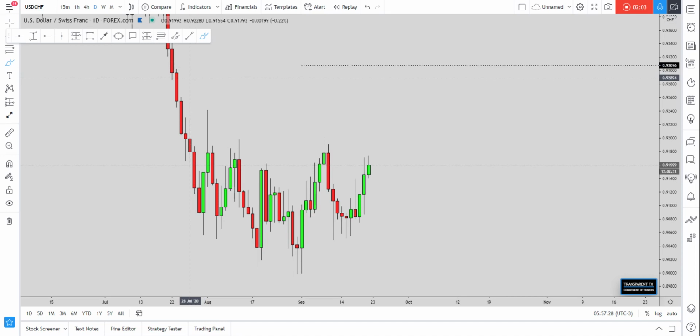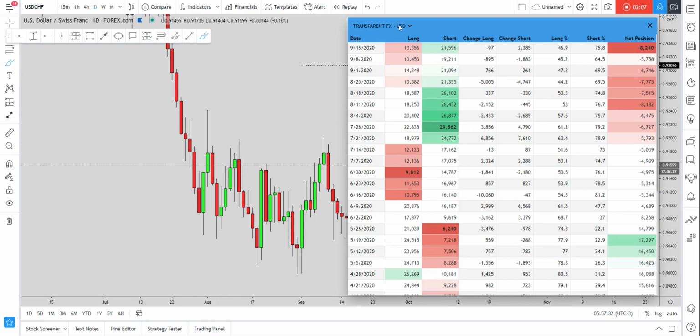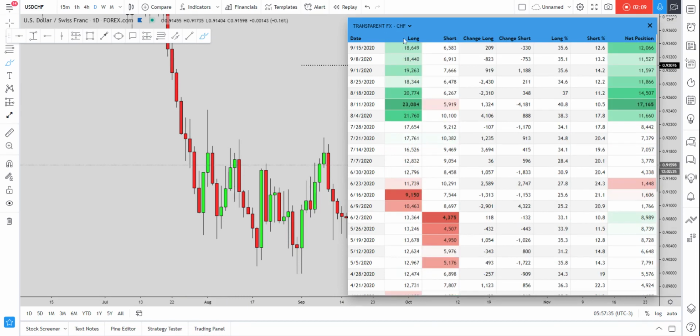Now, how will we be approaching this kind of situation with students? Before I show you that, let's first give a quick check at what we have from a COT perspective. If we look up the CHF, which is basically what hedge funds are currently doing on the CHF USD. Why CHF USD? Because all currencies on the spot are traded against the USD.